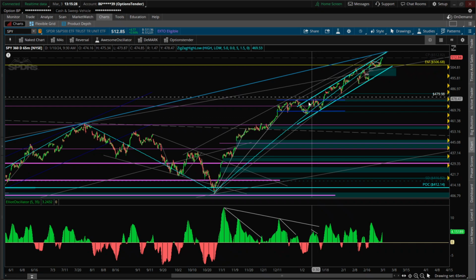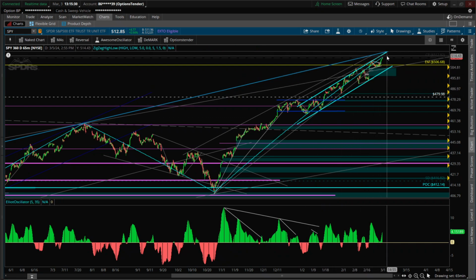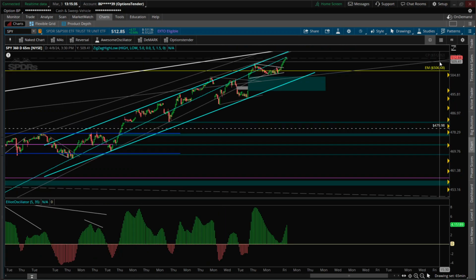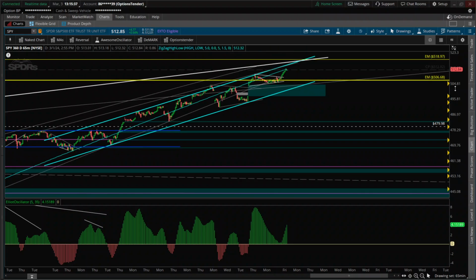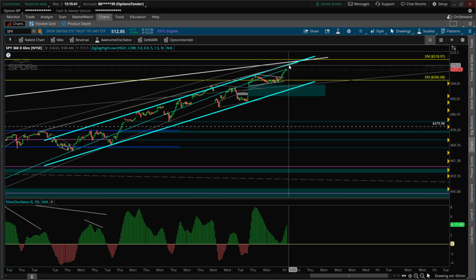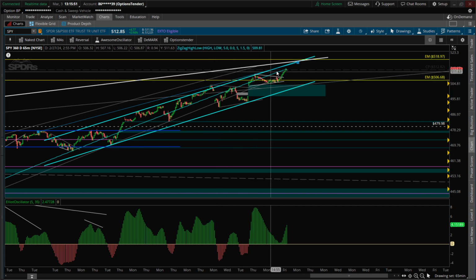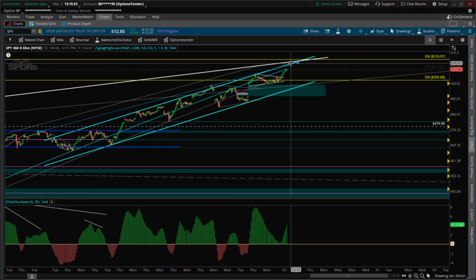We also have this last move here, which is in a channel. And so we could dig into this last move here just a little bit more. And notice we have right above us the top of the channel, also the smaller wedge that's in the gray. That's from the top here, coinciding with the top here, and in confluence with the top of the channel.